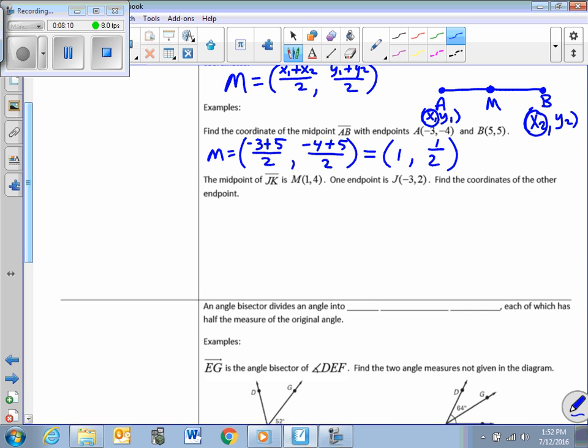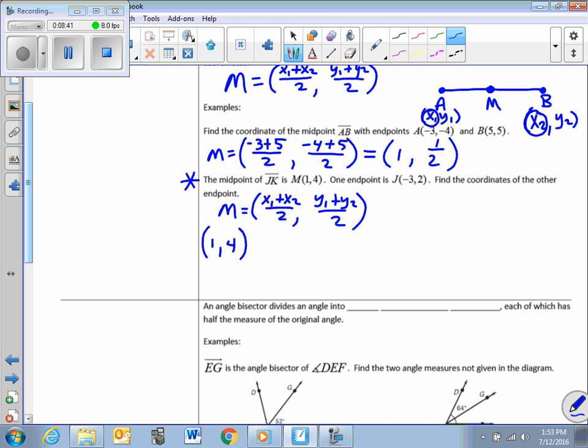Ooh, here's a good problem for you. I think it would be a great idea for you to pause the video and try to do this one on your own, and I'll work it while you work it, and you come back and check your answer. I always like to start with the formula. x sub 1 plus x sub 2 over 2, y sub 1 plus y sub 2 over 2, and now I'm going to substitute one endpoint. But I know the midpoint.